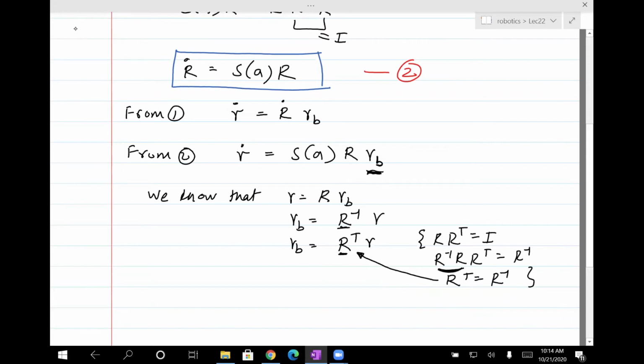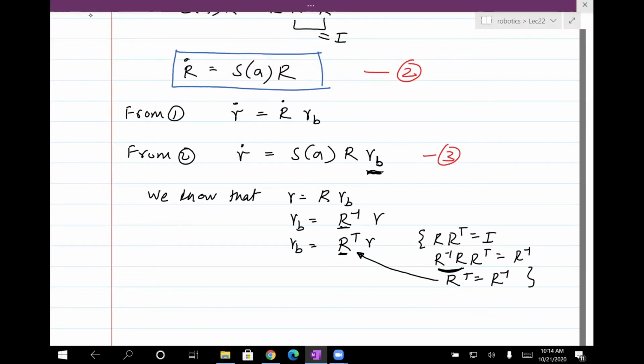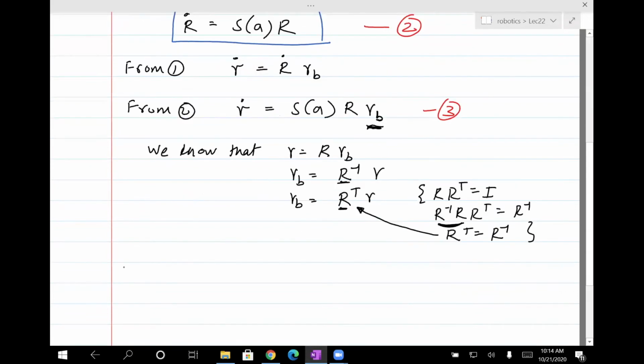So now, from 3, we can write r dot equals S of A R times R transpose r.